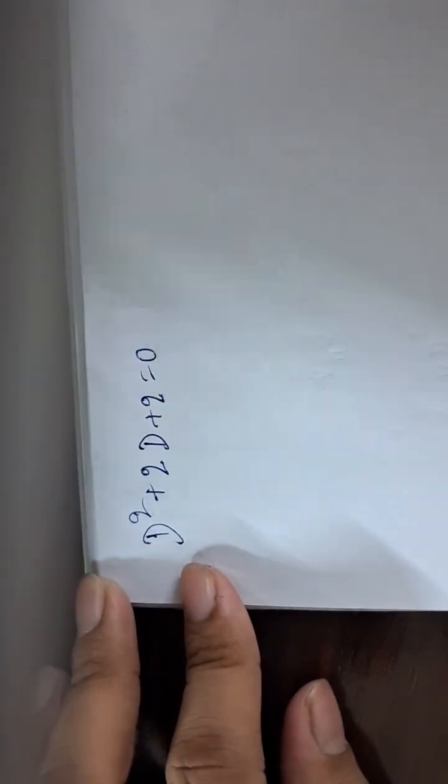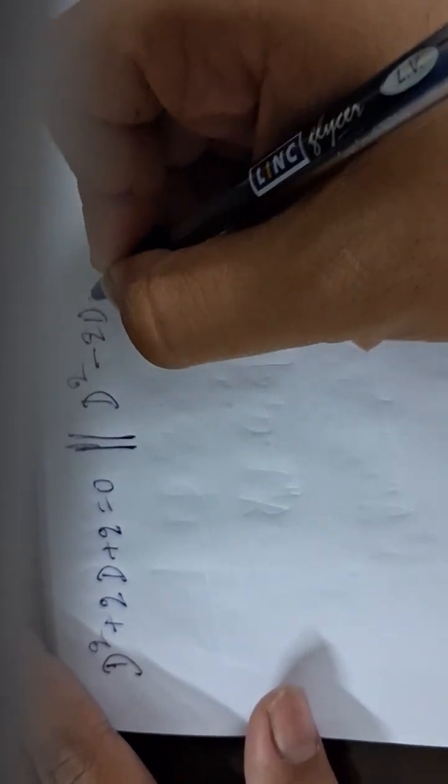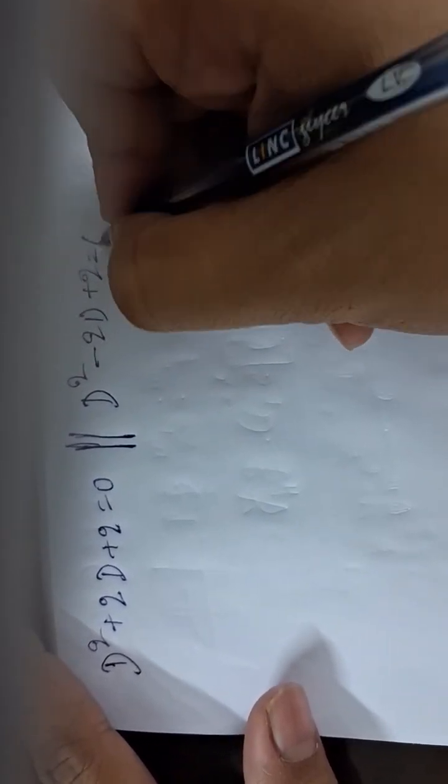From here we can write D square plus 2D plus 2 is 0 and D square minus 2D plus 2 is 0.